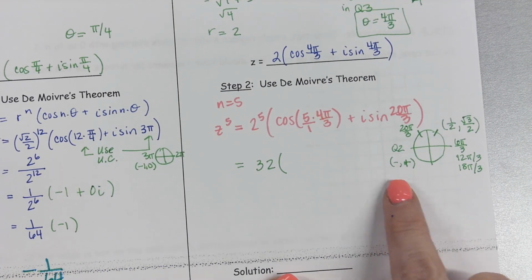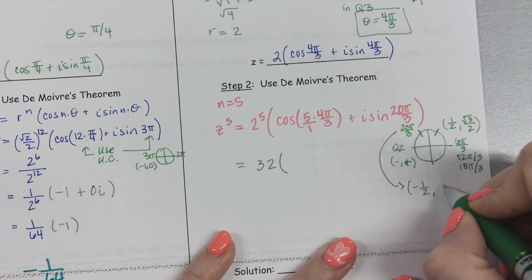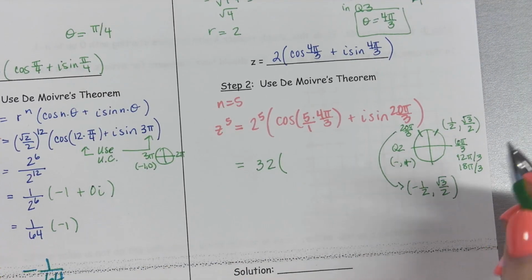If we convert it to quadrant 2 here, the 20 pi over 3 should have a negative x and a positive y. That's what you're going to plug in.